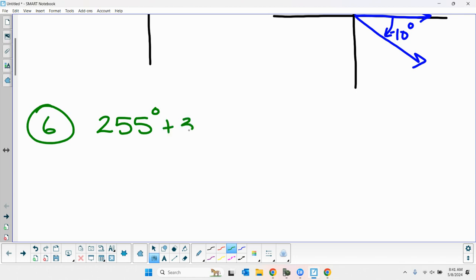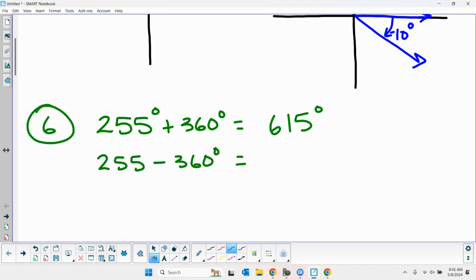So plus 360 and then minus. So what's that? 5 and 6 is 11, 615. Is that right? And then 255 minus 360 is what's that? Negative 105.